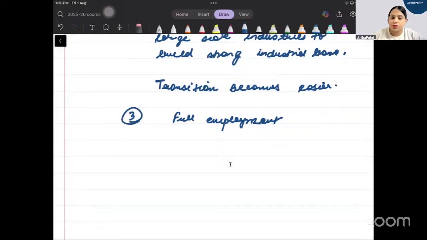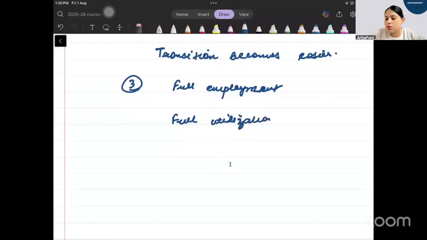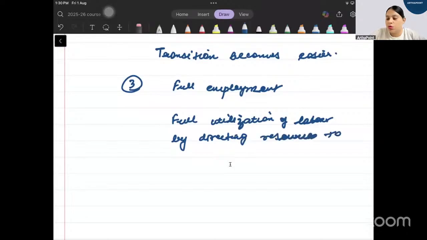So there will be full utilization of labor, and you can direct resources to employment generating sectors.